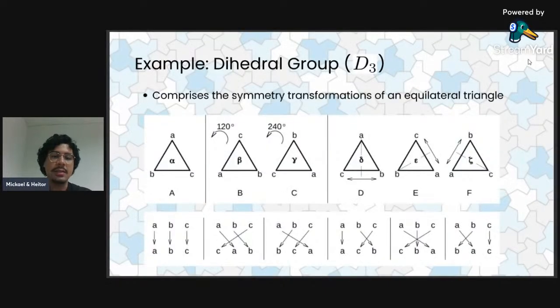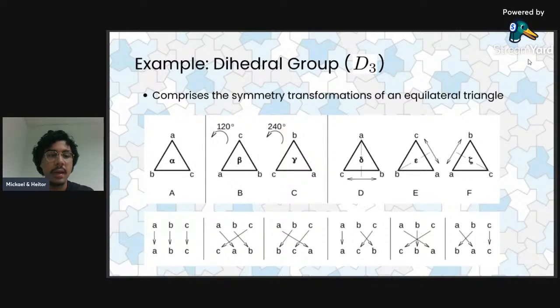So let's illustrate this better with the symmetries of an equilateral triangle, because group theory is extremely related with symmetry transformations. Here I have 6 possible transformations that preserve the symmetry of an equilateral triangle.